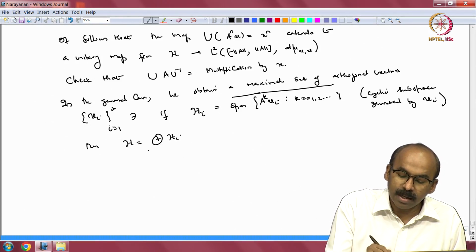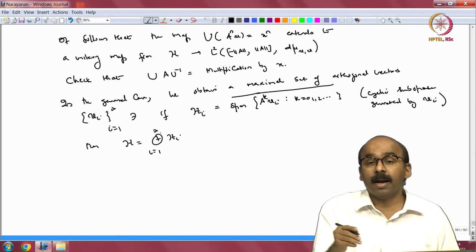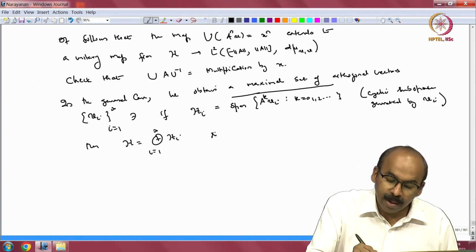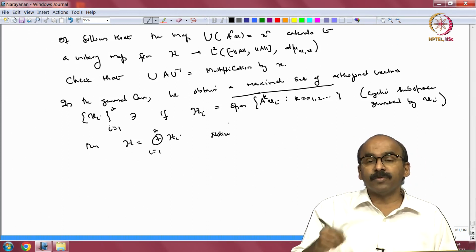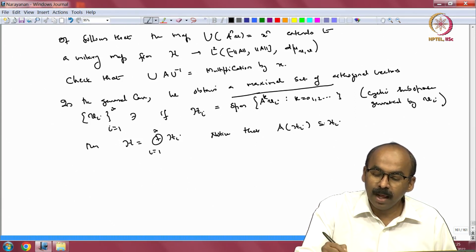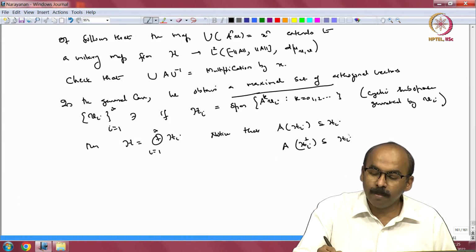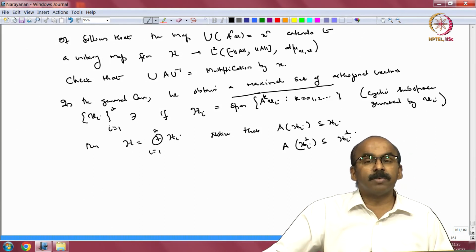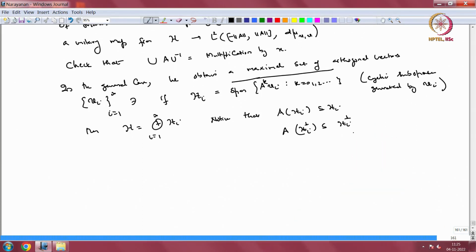So, each Hi is a cyclic subspace, right. Notice that what is important is that A leaves all of them invariant. Okay. So, notice that A of Hi is contained in Hi and A of Hi complement is contained in Hi complement. In other words, each Hi is a reducing subspace for A. So, the way A acts on H would be that it will act on the components, on each Hi, but on each Hi I can realize A as multiplication by x, right.